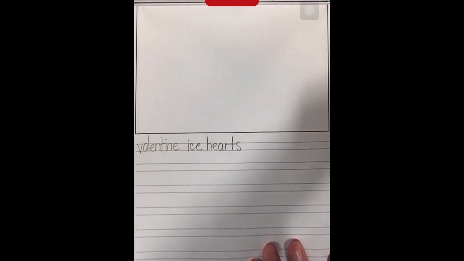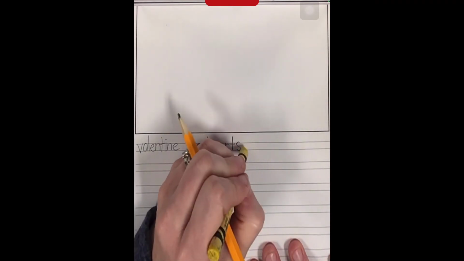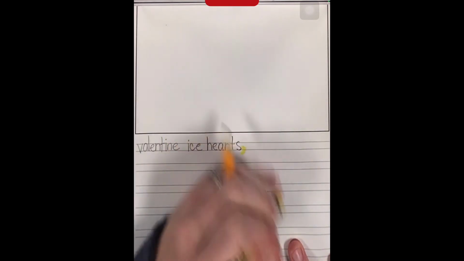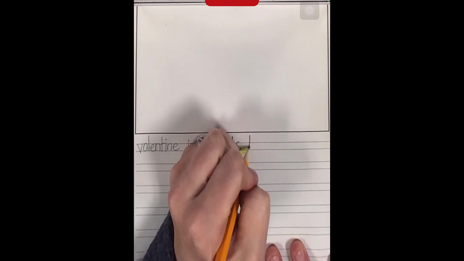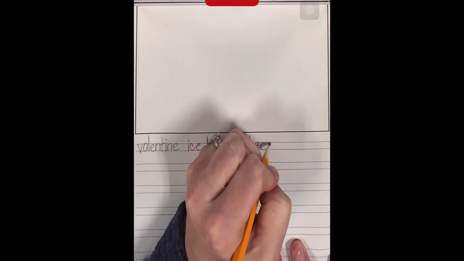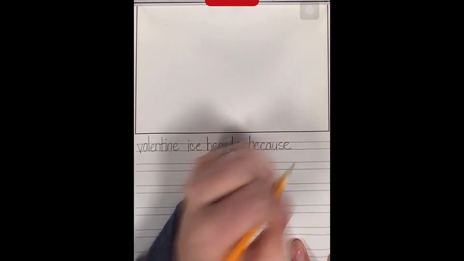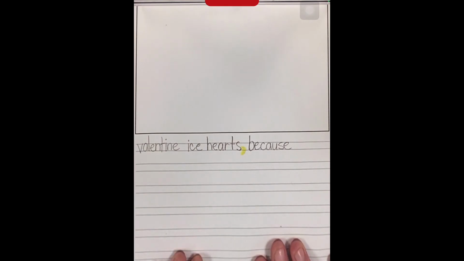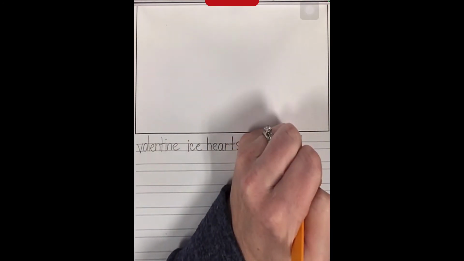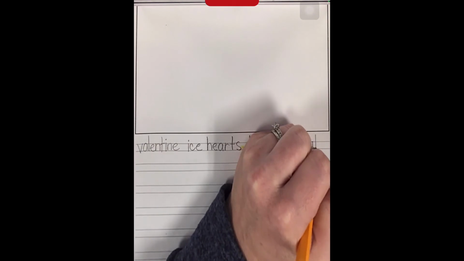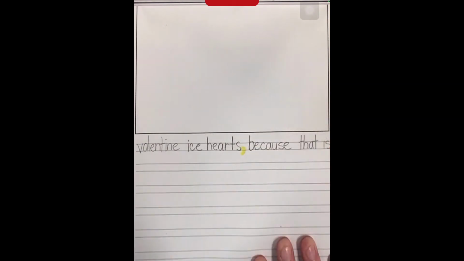Valentine ice hearts. Ooh, I'm going to stretch my thinking and use one of our new sight words, because. Because that is, what is a sight word?